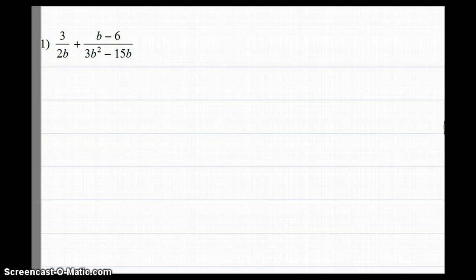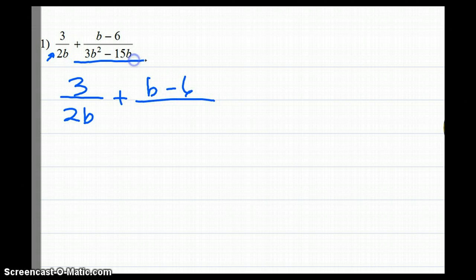Recall that the rule for adding and subtracting is we must have a common denominator. So to get a common denominator, we're going to want to look at the least common denominator with 3 over 2b, and I'm going to factor the bottom out so I can see what the least common factor is. I see that these each have a 3b.